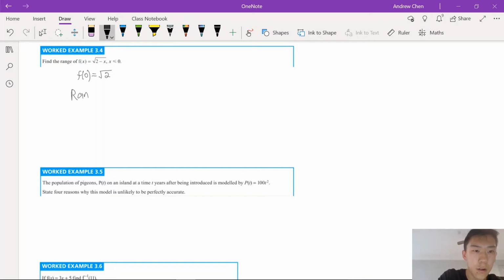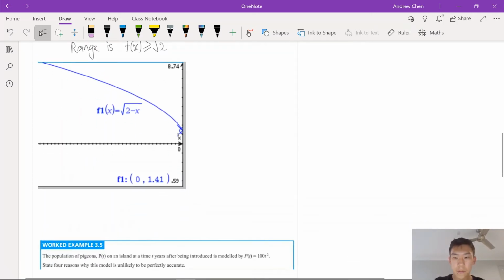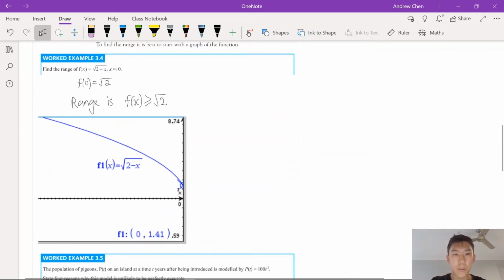Okay, so range is f of x, or you can write y as well, but it's greater than or equal to square root of 2. So use a graph to help you, and you'll be able to find the range.